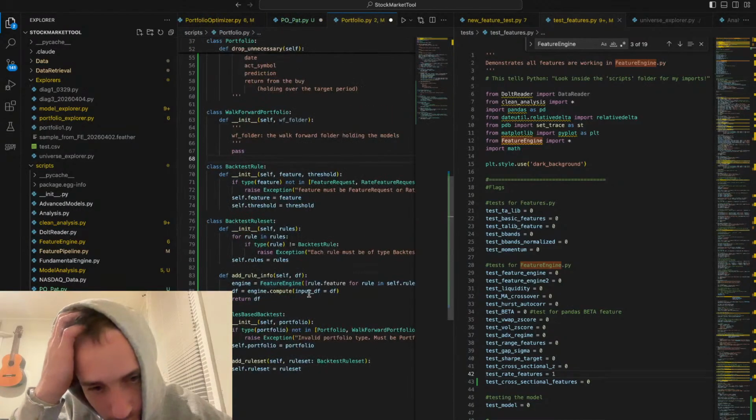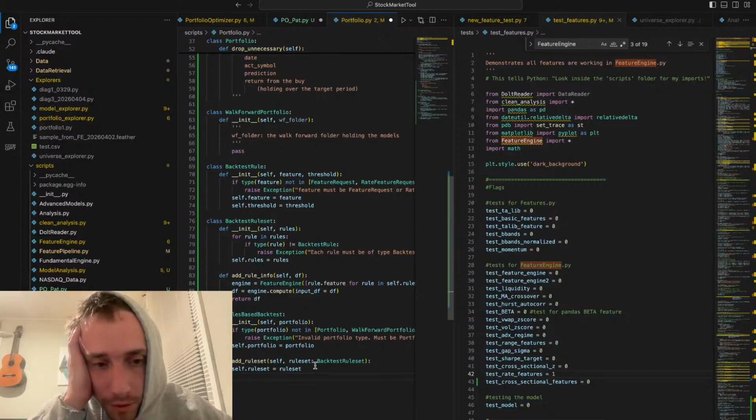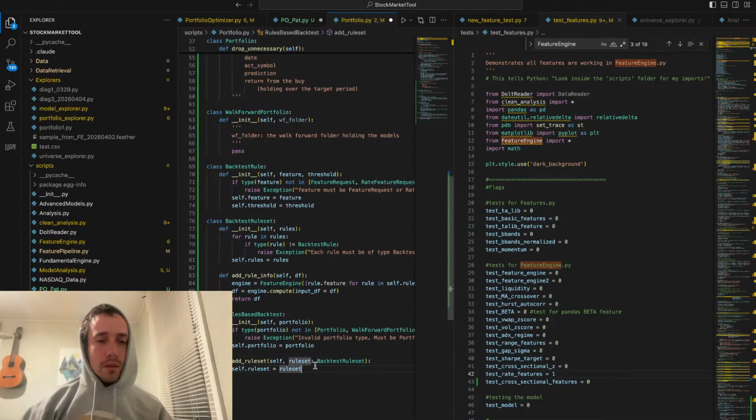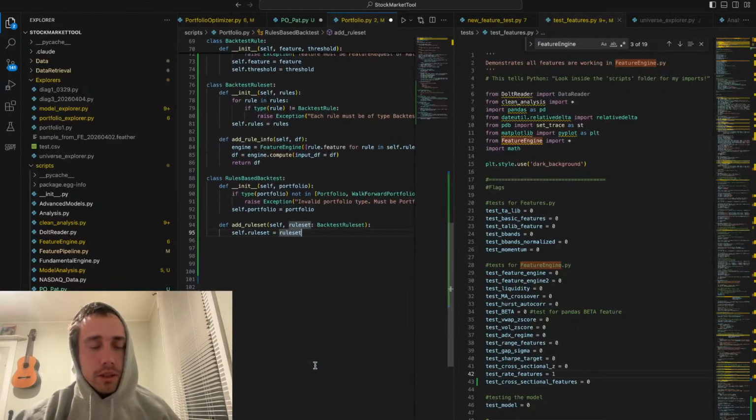So if I go back to portfolio, rules-based backtest. So we have the rule set. We have the portfolio.